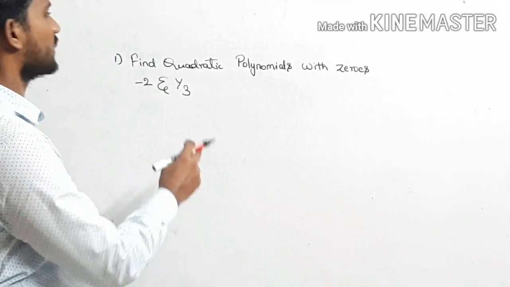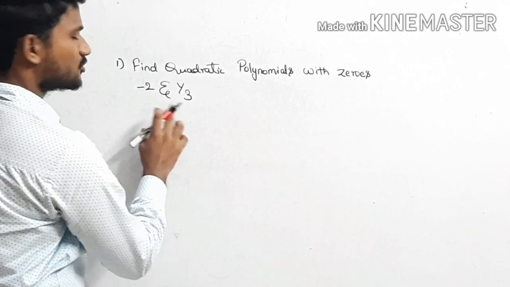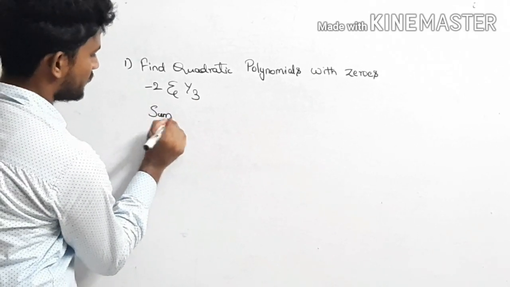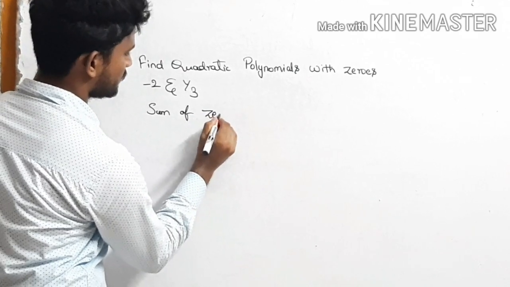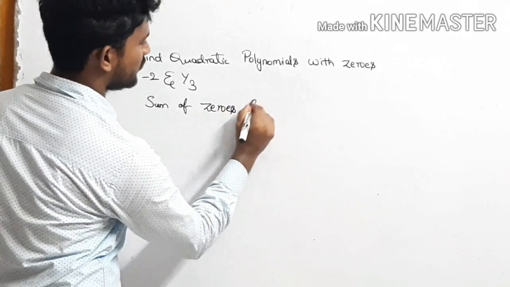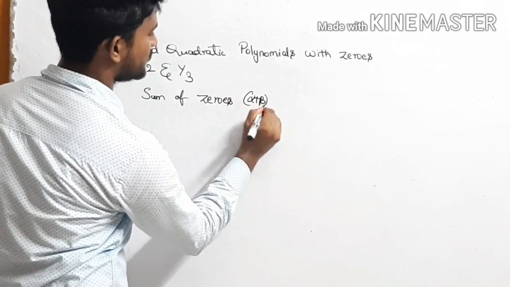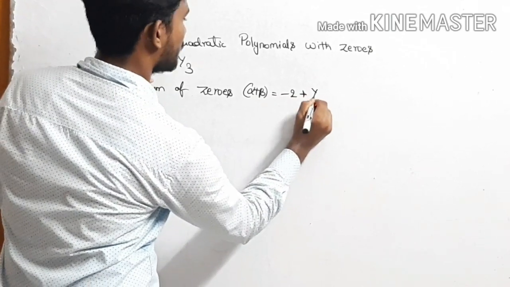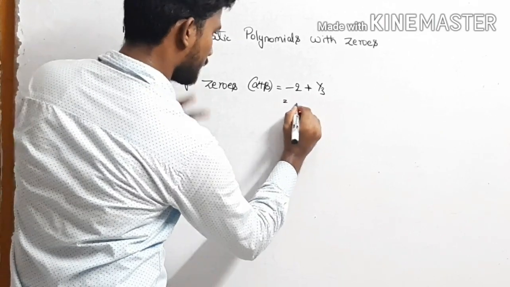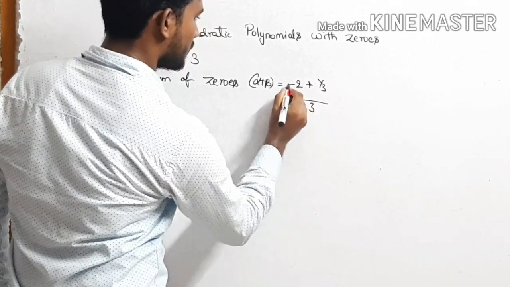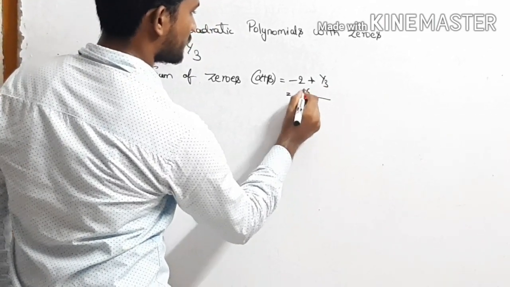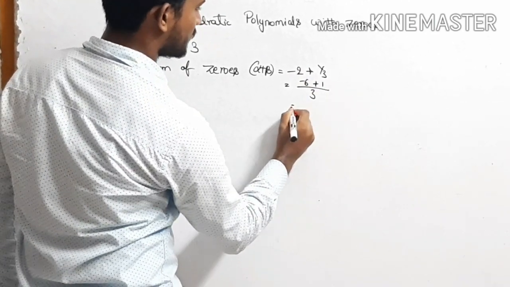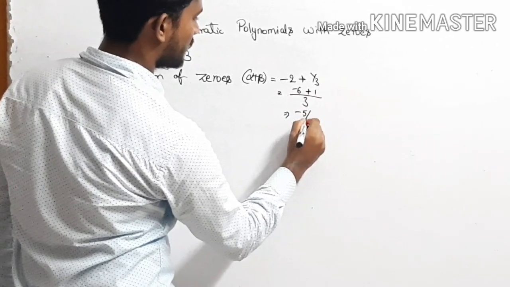Like this, find a quadratic polynomial with zeros minus 2 and 1 by 3. First find the sum of zeros. If we denote alpha plus beta as the zeros, then minus 2 plus 1 by 3 equals, with LCM 3, minus 2 into 3 is minus 6, plus 1, which is minus 5 by 3.